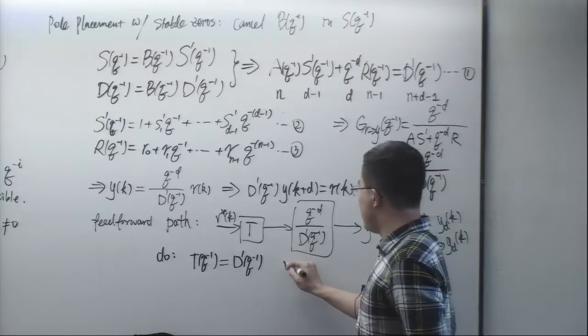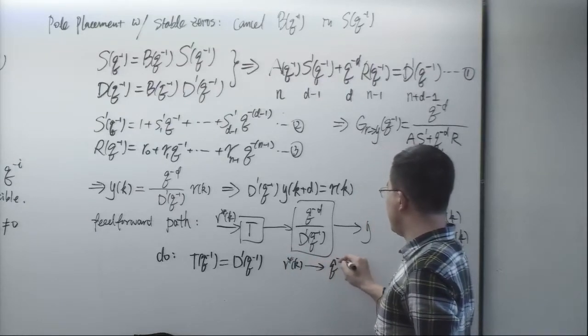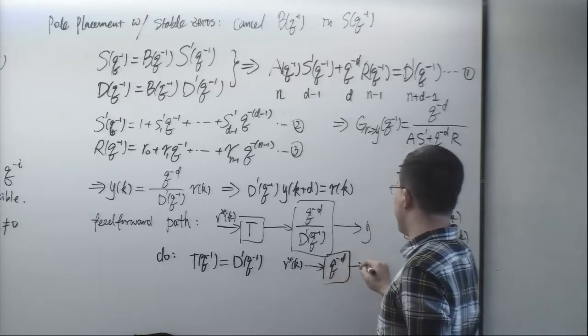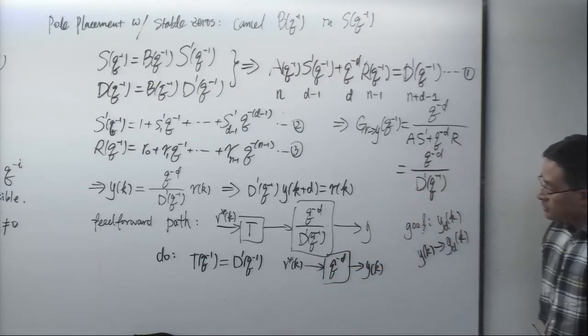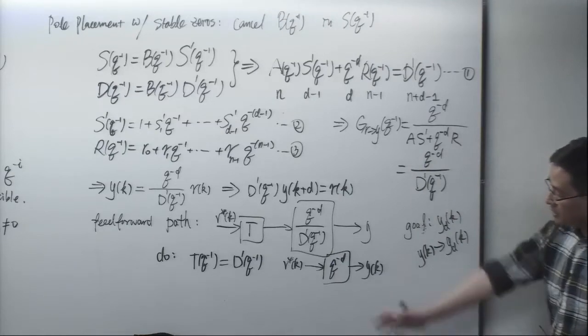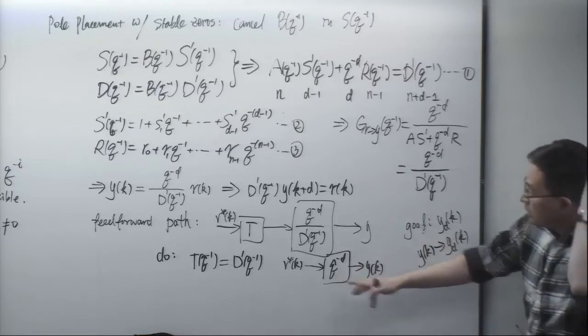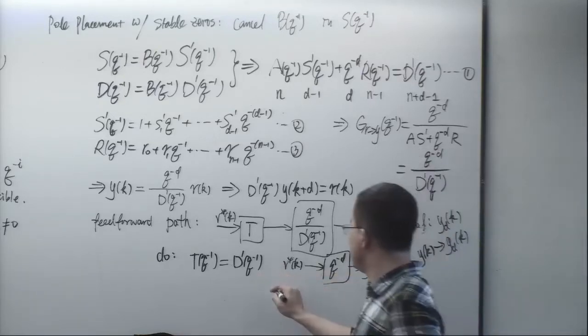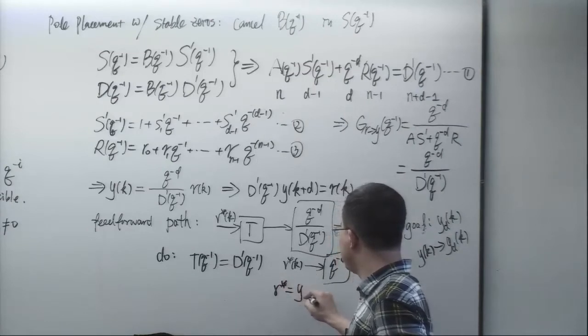Which will give us R star K, going through a delay operator becomes the output Y. And if this is just a delay operator, then the ideal way for R star is going to be, we're going to design it to be YD.